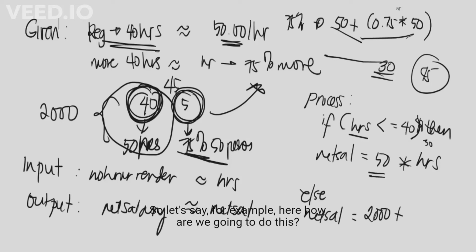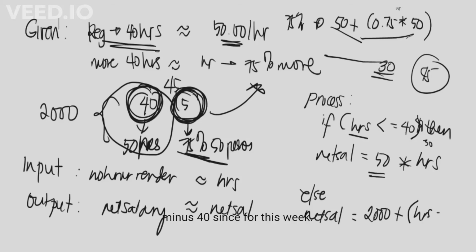So let's say, for example, here, how are we going to do this? Plus, how are we going to get 5? To get 5, I need to subtract the number of hours rendered minus 40, since 40 is fixed.